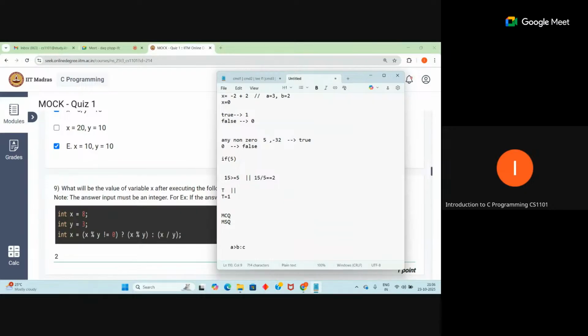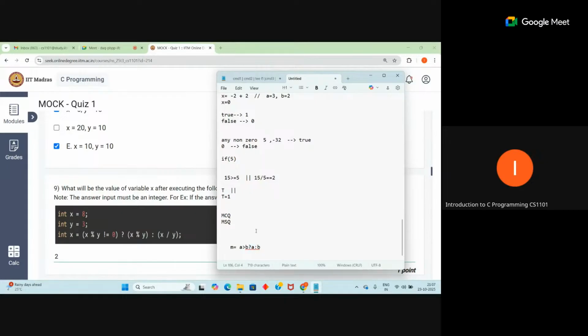I have written A greater than B question mark A colon B. This is called a ternary operator.